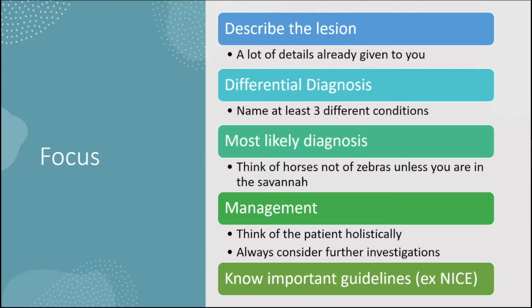Let's say, as in your Viva, you have a white lesion. It's not the most common white lesion that you can encounter in the mouth, but it might be very specific to location, shape, size, and other characteristics. So that puts you in the savannah to think of the less likely diagnosis of the differential diagnosis.